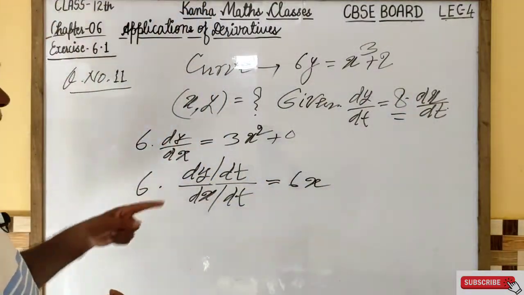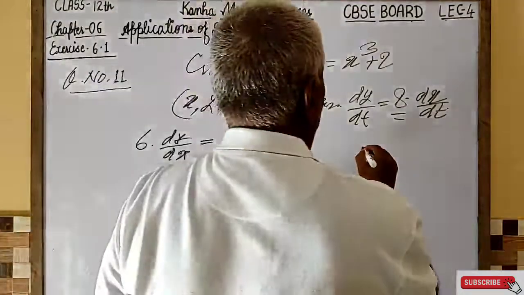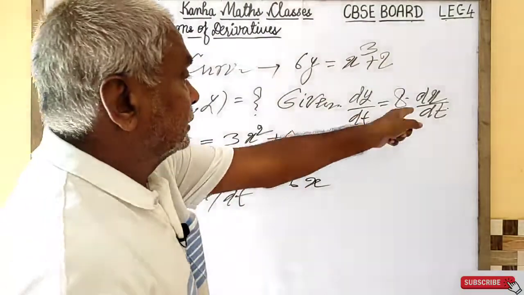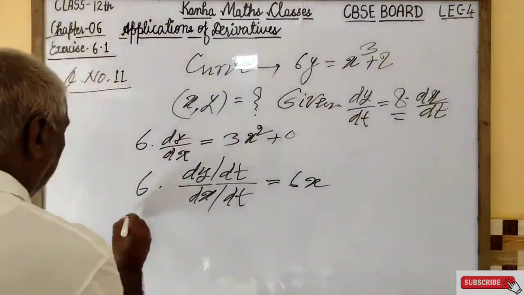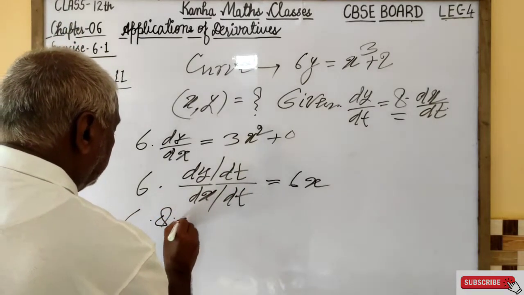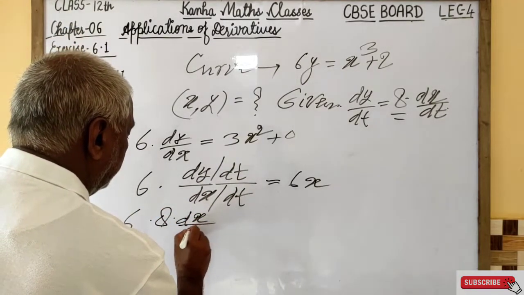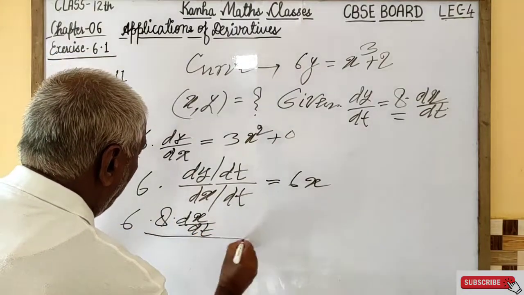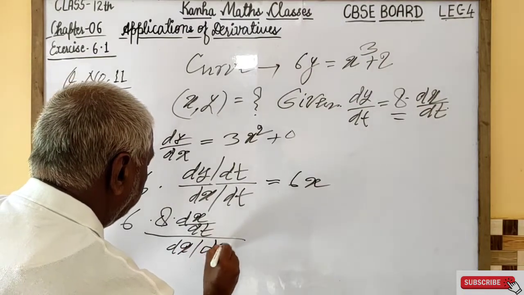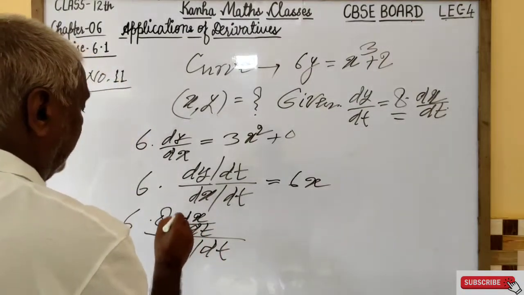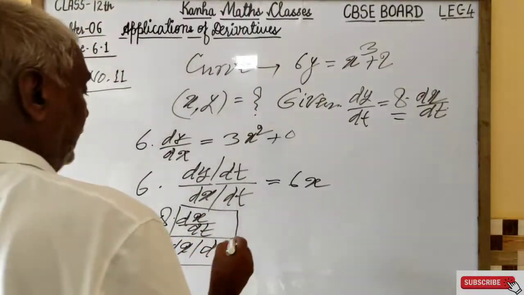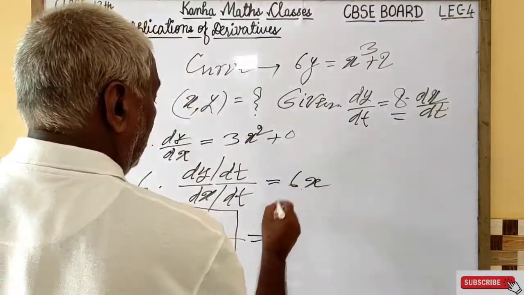Hence, we will convert dy by dt into dx by dt by writing here 6 dy by dt is equal to 8 times dx by dt upon dx by dt. Now, dx by dt and dx by dt will cancel each other.